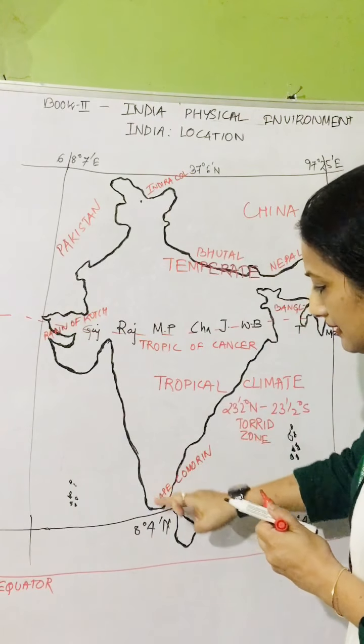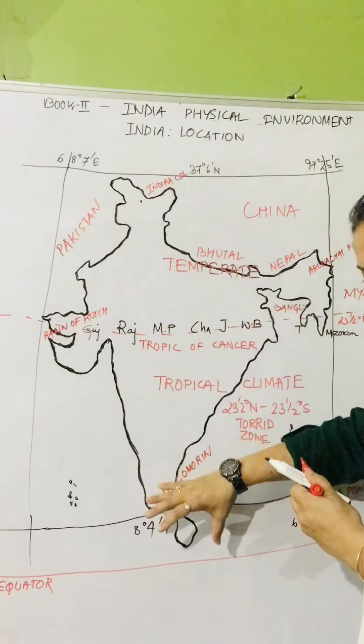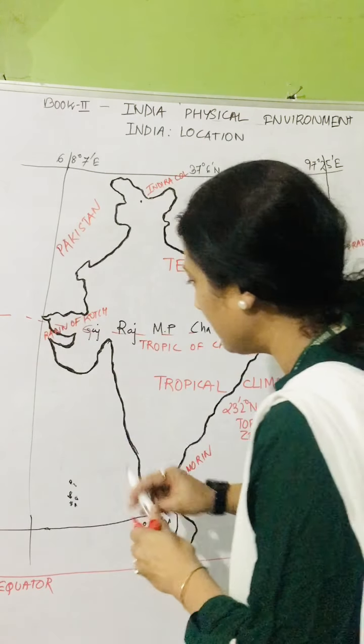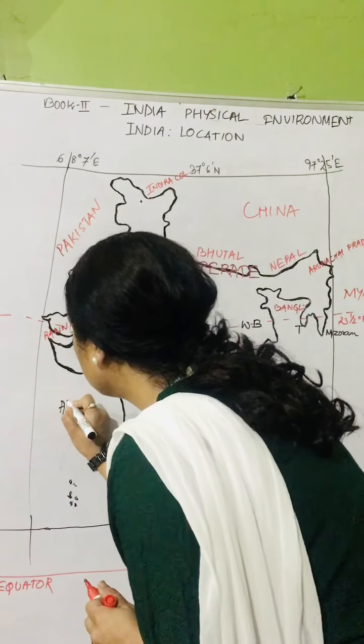As you know, the southern part of India protrudes into the Indian Ocean, so it's a peninsula, and there are two seas here.